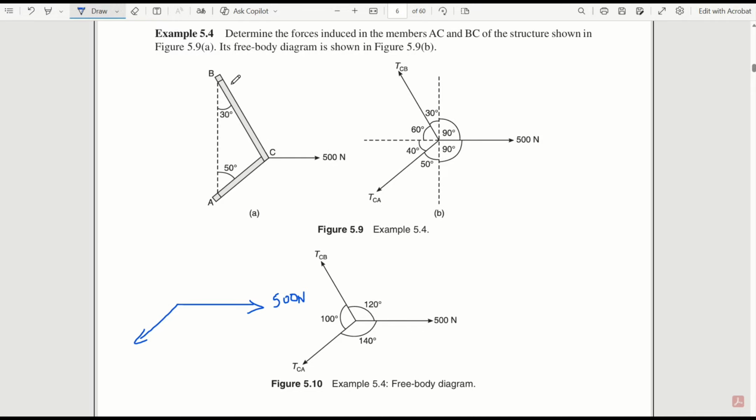This is a pulling force, because tension is induced from C to A, so you can write TCA. And next is this one. Draw a line like this, and this one is CB or BC, whichever you want to write. So now you know how to draw the free body diagram.